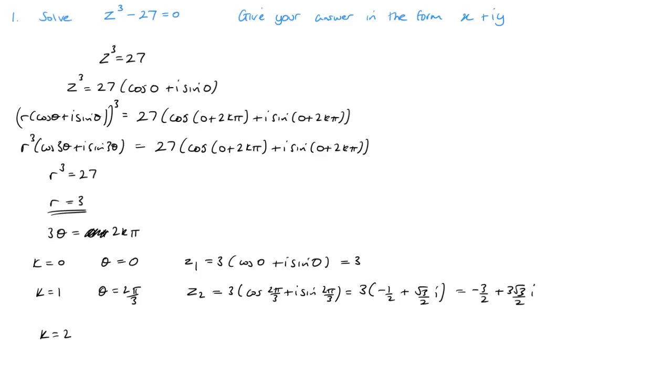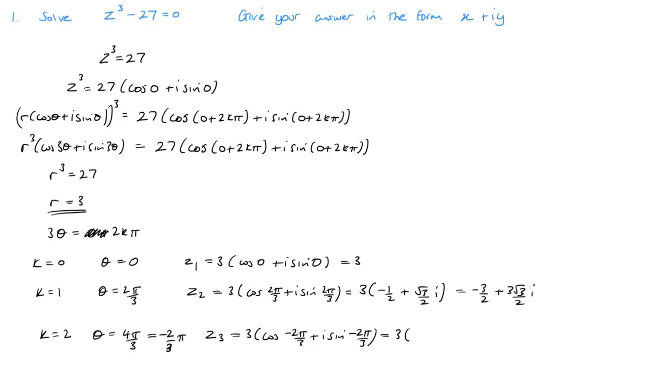And then k equals 2. So that's going to be 4 pi by 3. Now 4 pi by 3 is obviously bigger than pi, isn't it? So I'm going to take away 2 pi from that, and I get that this is the same as minus 2 pi by 3. So z3 is going to be 3 cos minus 2 pi by 3 plus i sine minus 2 pi by 3.